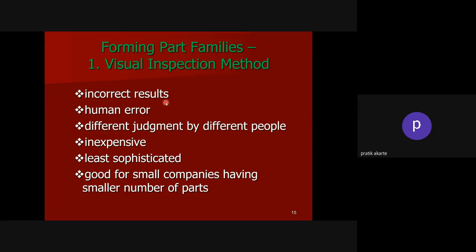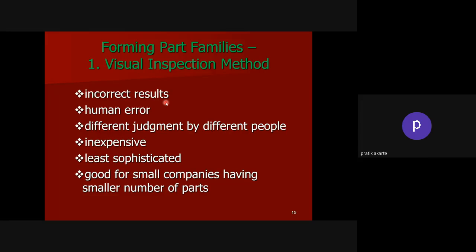There are also always chances of human error, since no software or technology is involved, no automated process, and no thumb rules are involved. So there is always a chance that human error may exist in the part families created by the visual inspection method.